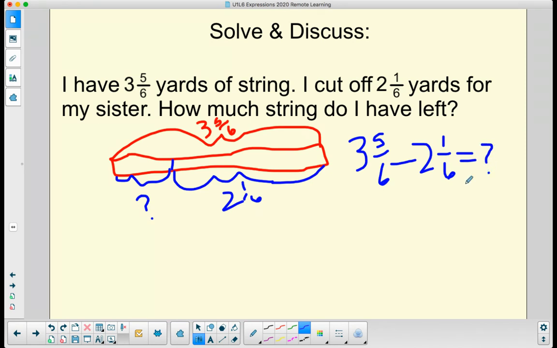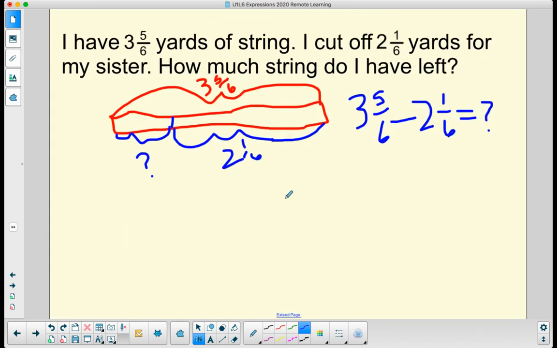So there's my equation. All right, so how am I going to do this? There's lots of methods. You can give yours a try.